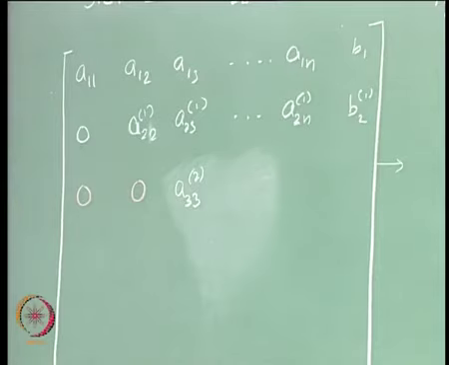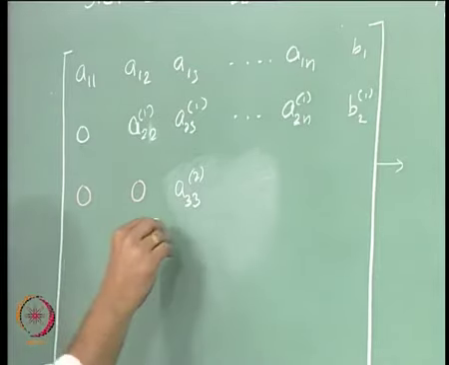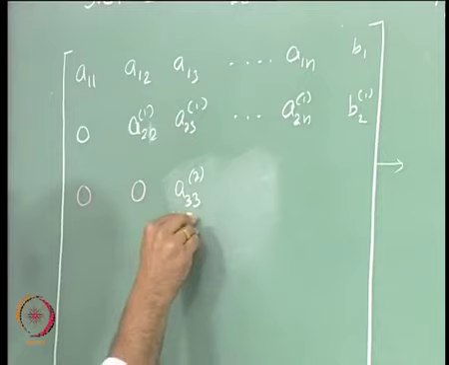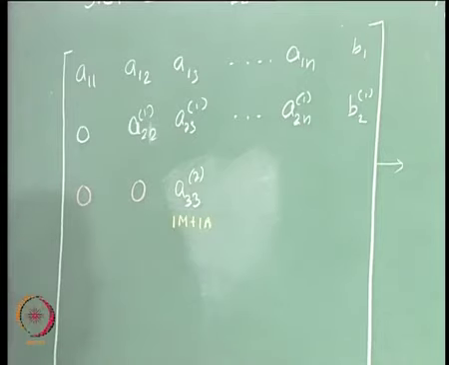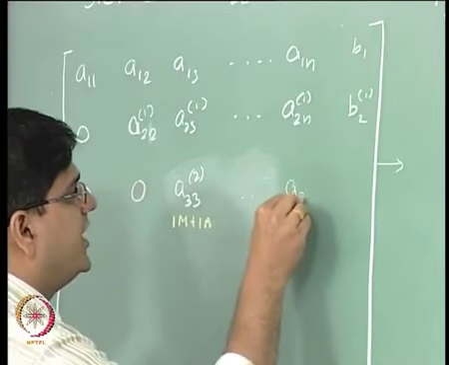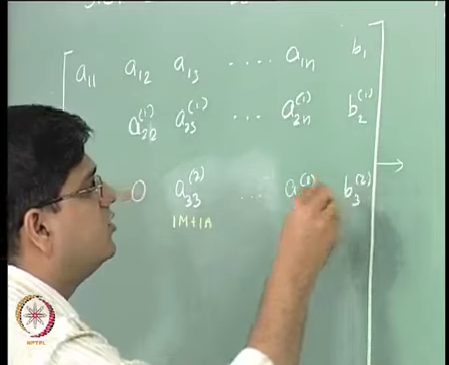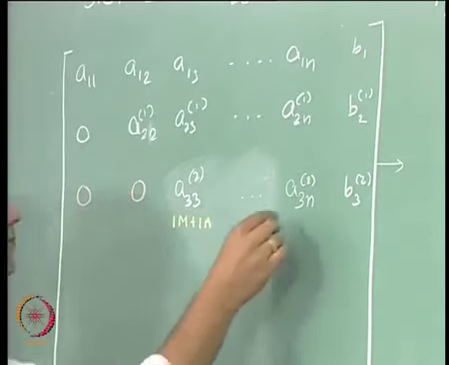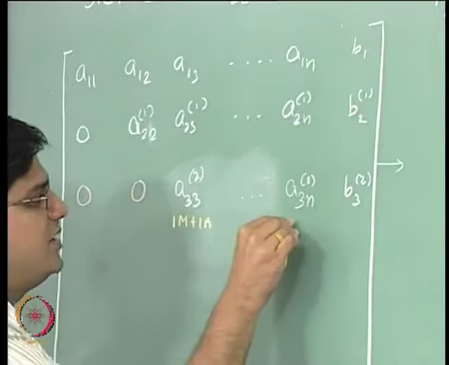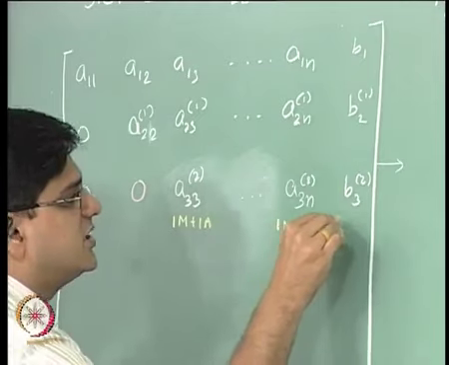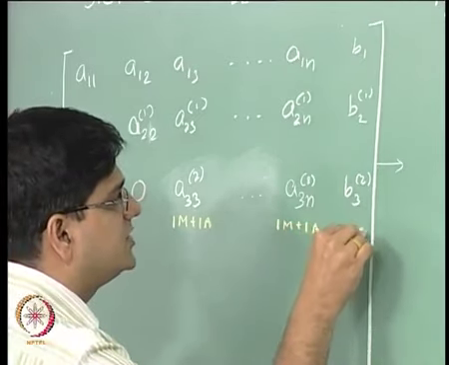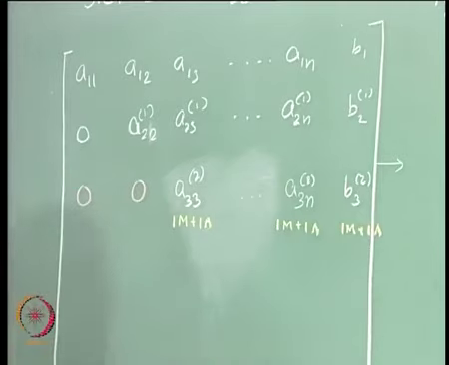So A332 has resulted from one multiplication plus one addition step. And so on, we will go on up to A3n2 and B32. Again for computing A3n2, we will have one multiplication plus one addition step, and one multiplication plus one addition step over here as well.